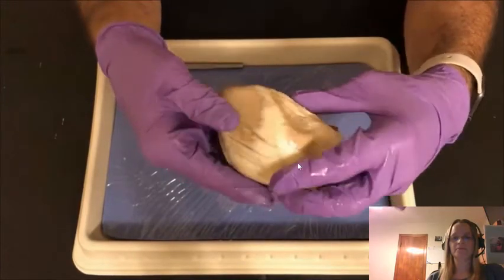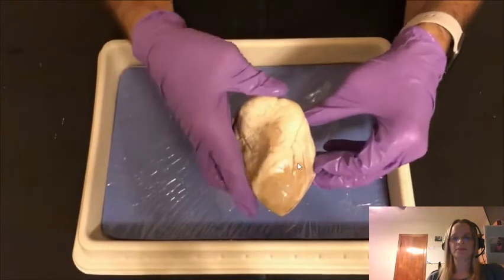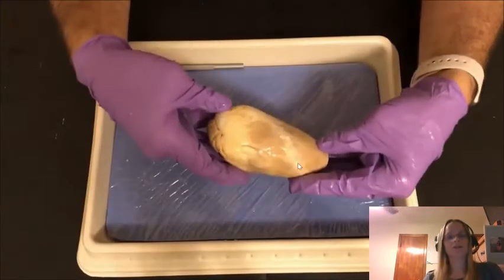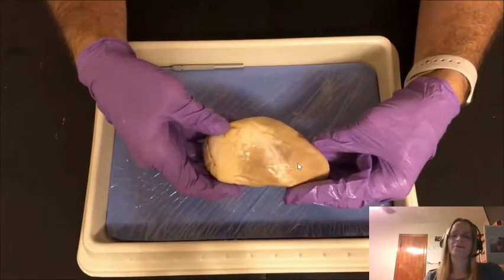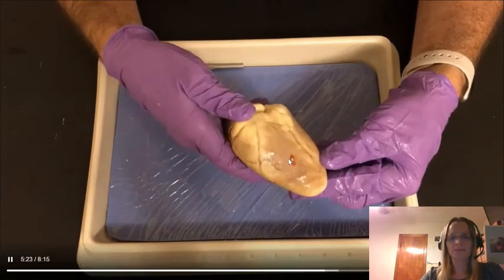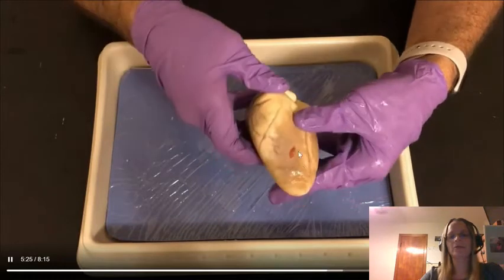Yep, that's normal. It's normal on the outside. You can only see it when you cut it open. Coronary injection. We don't have to cut it open to see it. Because right here, you can see these coronary injections.